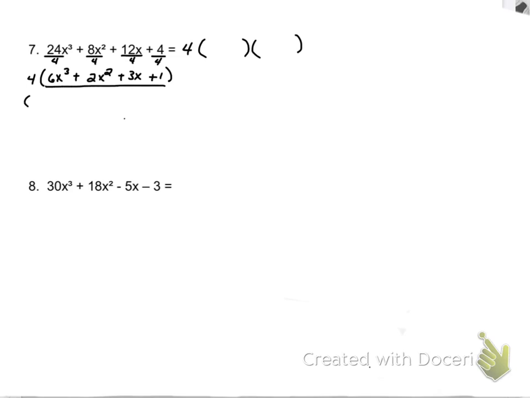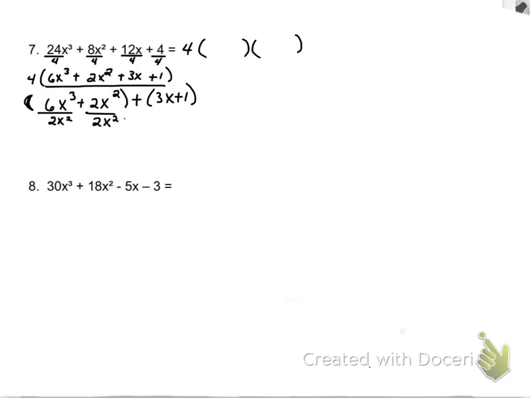So we're going to group. So you have 6x cubed plus 2x squared. I don't have to find my 2 numbers because I've already got 4 terms. Plus 3x plus 1. I grouped the first 2 together and the last 2 together. The greatest common factor of the first group is 2x squared.